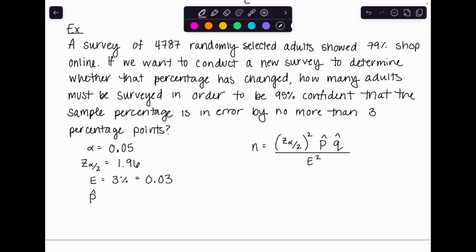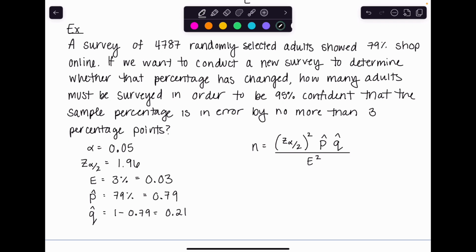And then we do have information already about what that sample proportion was. It was 79% of people that shop online. So as a decimal, that's 0.79, which means our sample failures is 1 minus that, which is 0.21.